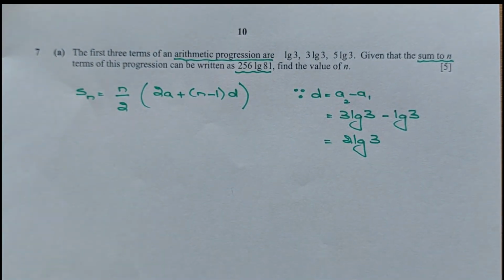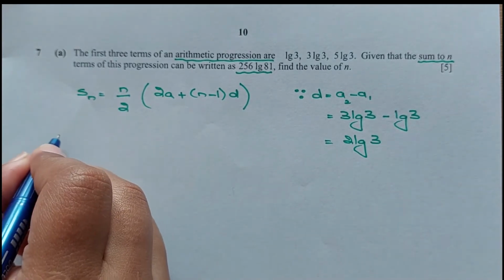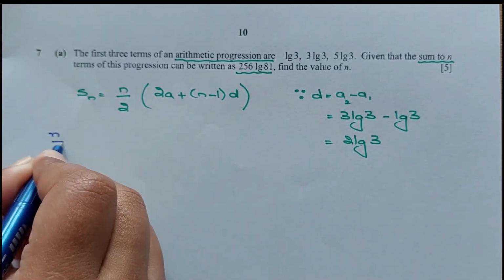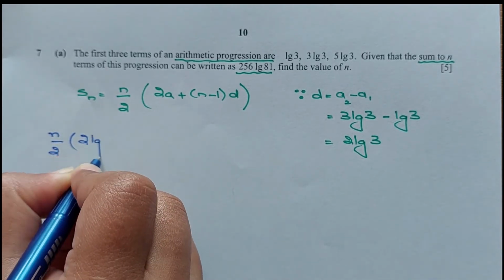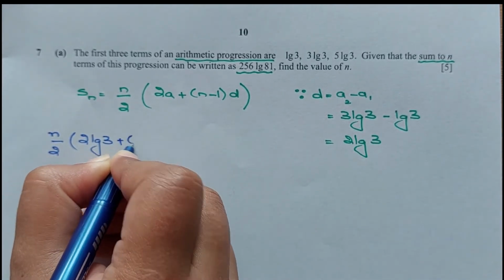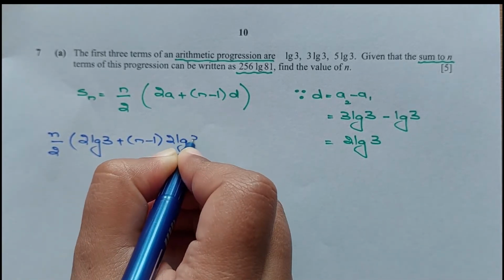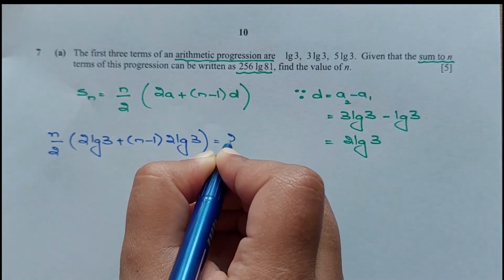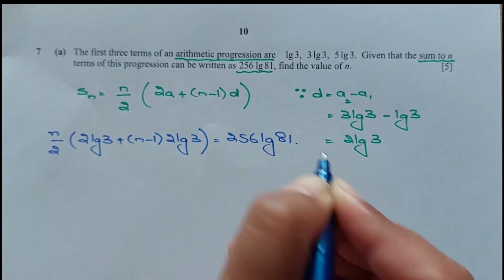So let me substitute the values and simplify. The sum is given. So we have n by 2 into 2 times a value, log 3, plus n minus 1 into d, 2 log 3, equals 256 log 81. Right.